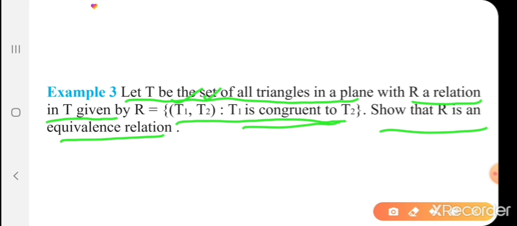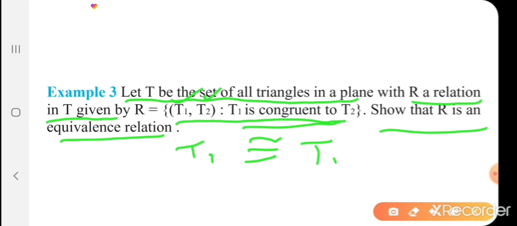So this is very simple. You see here, T1 is related with triangle T1. If you take any triangle, it must be congruent to the same triangle. So clearly it is reflexive.